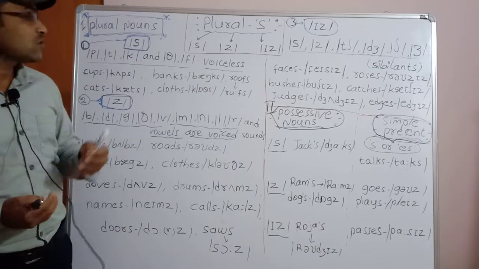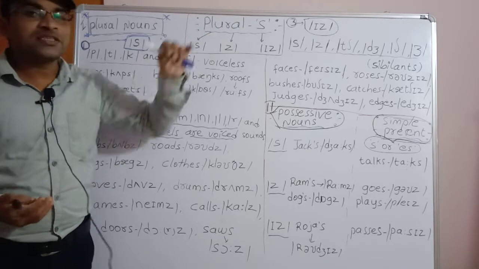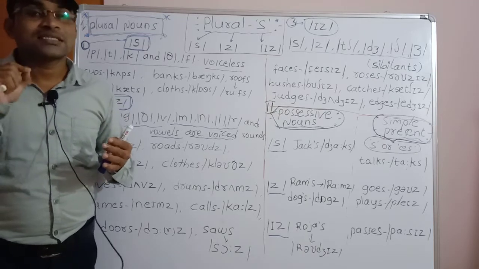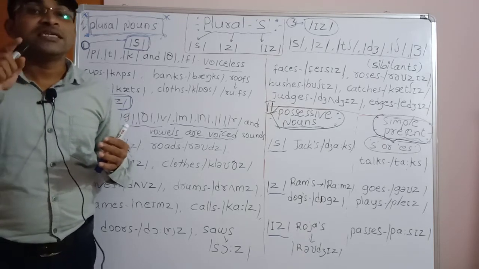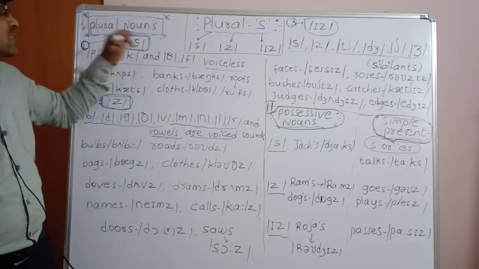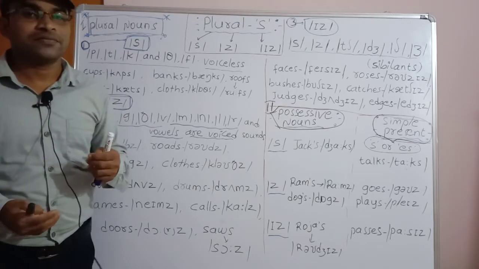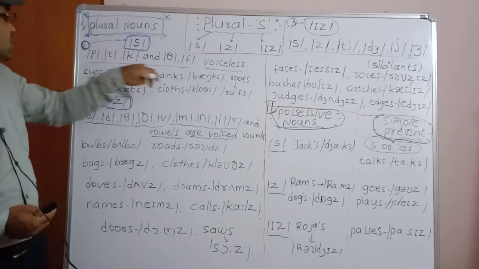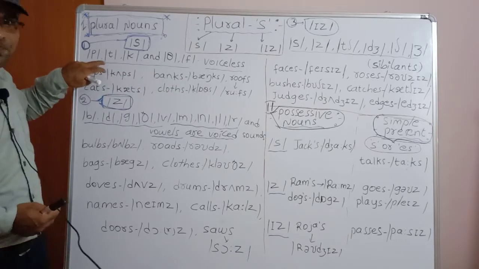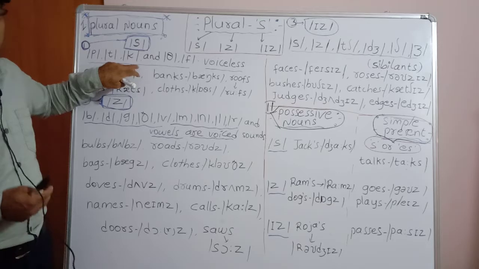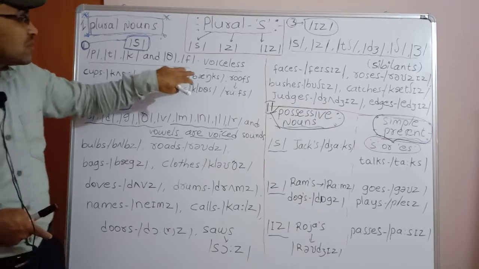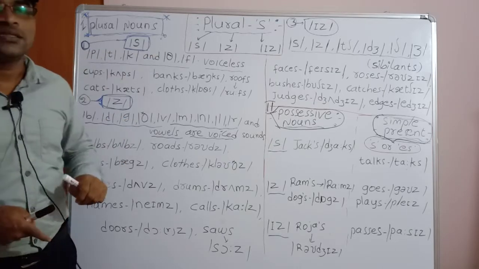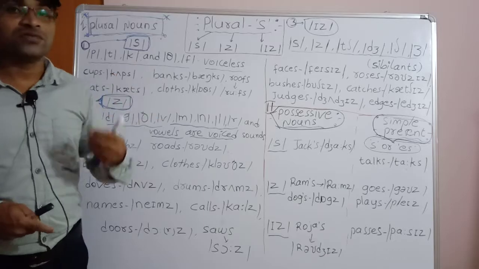The first one: when the suffix s is pronounced as s. Look at these sounds: p, t, k, th, f. Here there are 5 sounds.